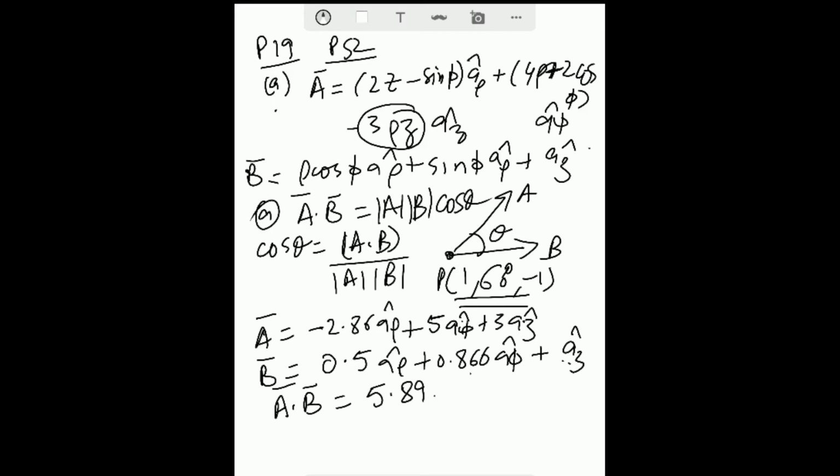That will be just a number because it's a scalar product. Now cosine, and now the A magnitude will be equal to the magnitude of the A vector. So that will be the square root of 2.86 squared plus 5 squared plus 3 squared.